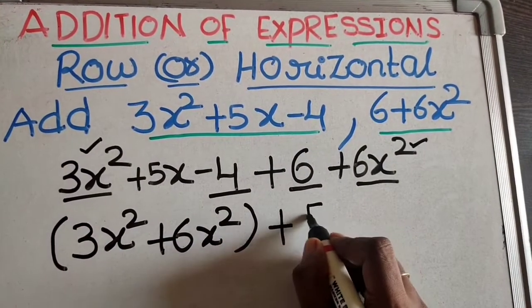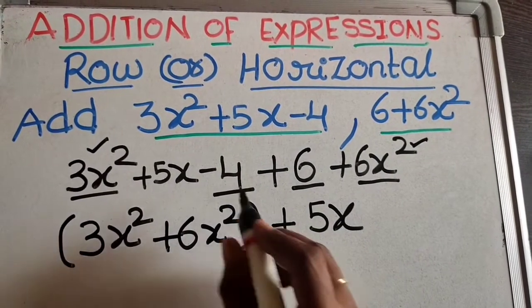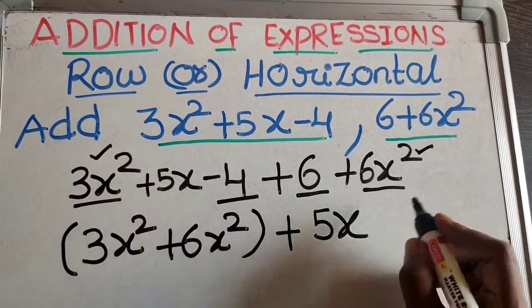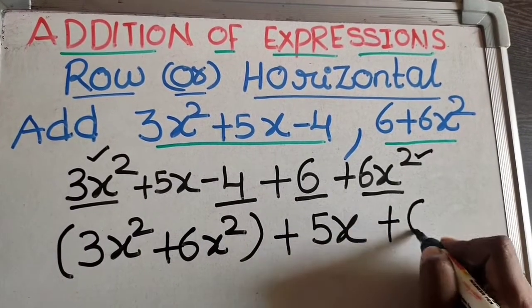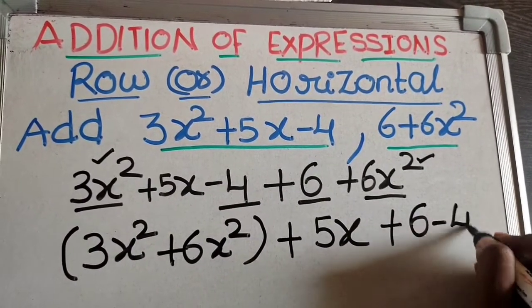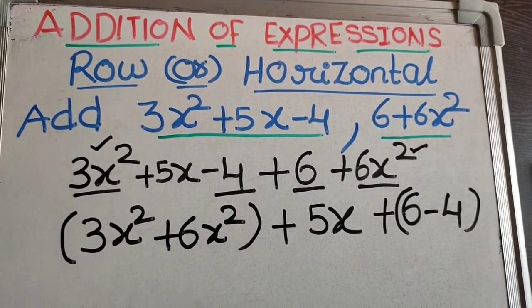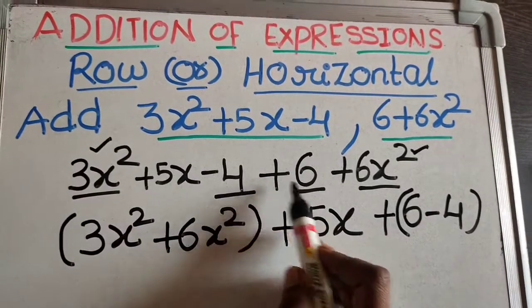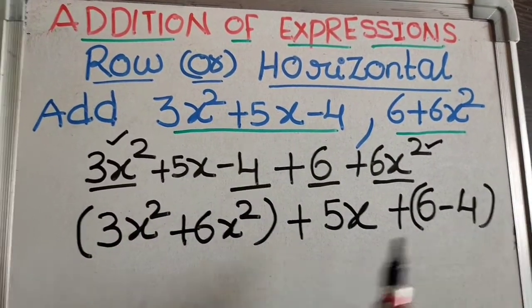Plus 5x, the x terms. Now write the next one, constant terms. What are the constant terms here? Minus 4 plus 6, which gives 2. So plus 6 minus 4. Here also I have written all the constants at the side. Now x square terms done, x terms done, and also the constants.